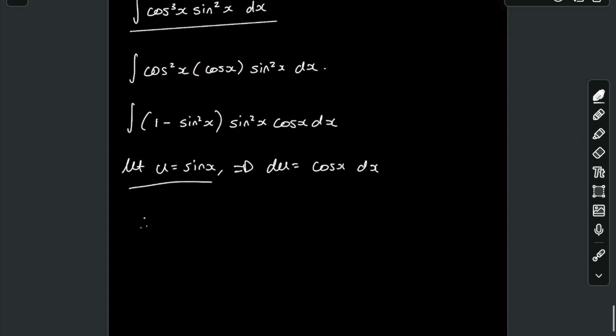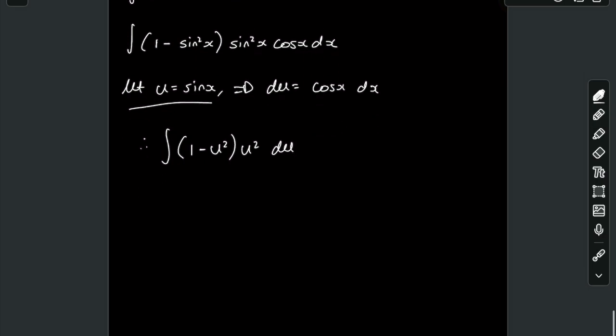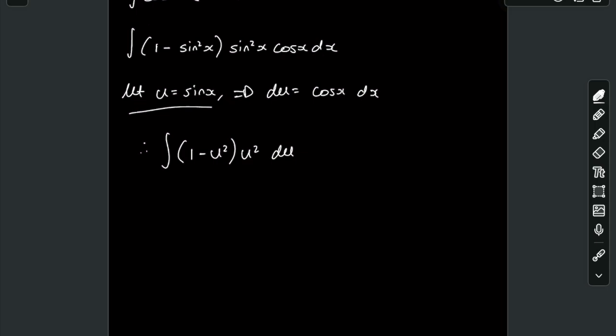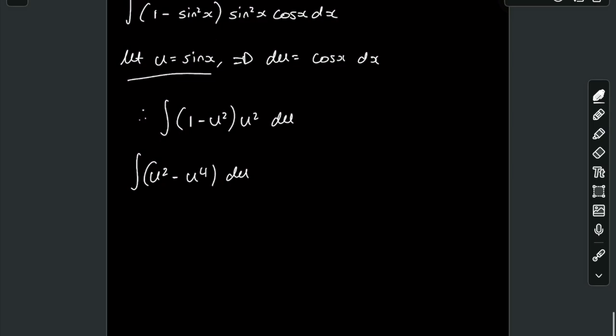So what we get is the integral of (1 minus u^2) times u^2 times du. And so I get u^2 minus u^4 du.